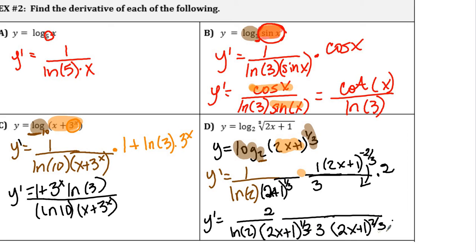So 1/3 plus 2/3 just gives me 1. So what I end up having is just a 2 on the top. I'm going to bring that 3 to the front, natural log of 2, and this becomes an exponent of 1. So just 2x plus 1, technically raised to the power of 1, but I don't have to write that there.